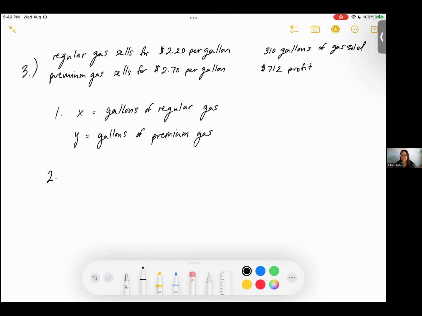So we can have, say, 2.20 times X represents the cost of gallons of regular gas. And $2.70 times Y would represent the cost of gallons of premium gas.